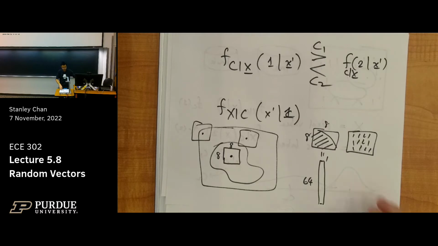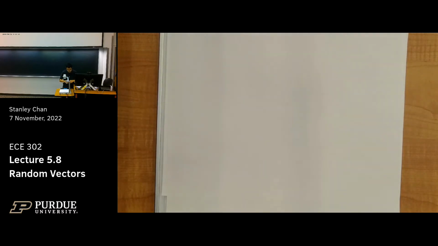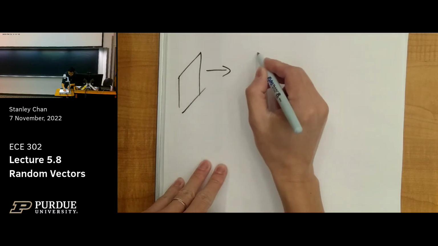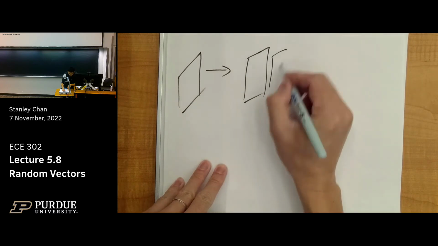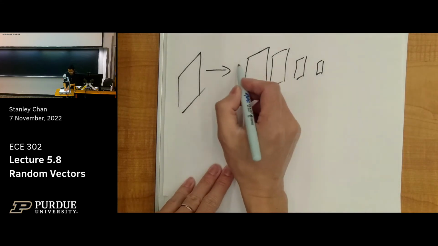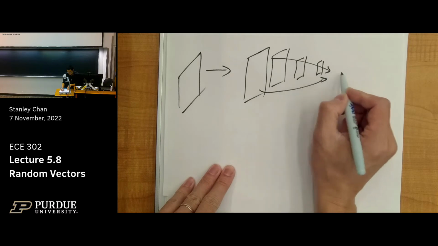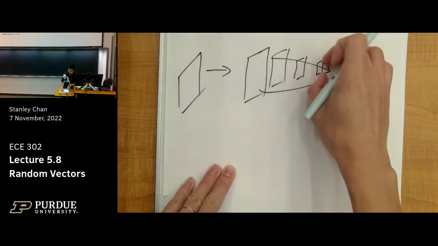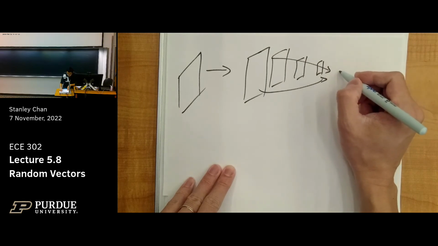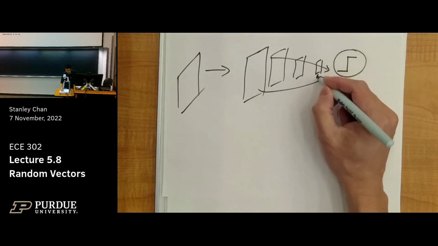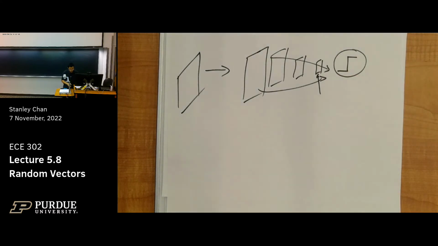So you can imagine that you spend most of the time in a network. Let's say you put an image in, and then you start to pull features. This is like a drawing of the neural network. It's like a funneling, and ultimately you trim it down to a very small vector. Then you do a very simple classification based on this vector. So what we are doing is that, of course, we don't have a network. We're not pulling any features.